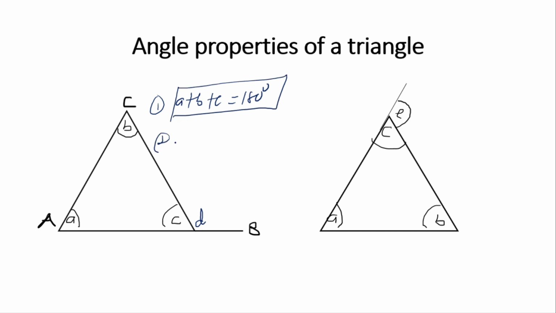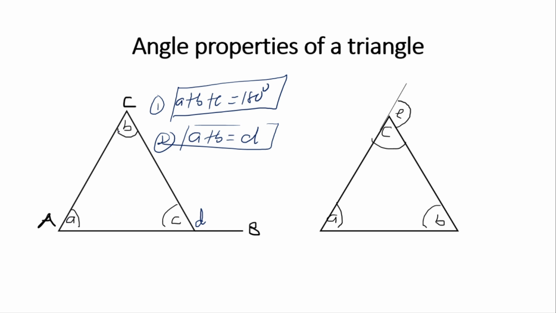The second property is that the sum of two interior angles of a triangle is equivalent to the exterior angle that is opposite. That is A plus B equals D. Now look at something, don't be confused.